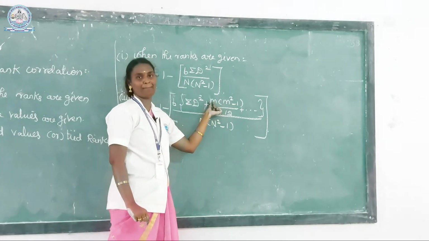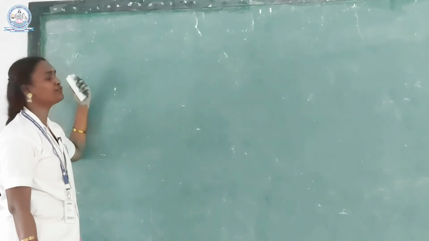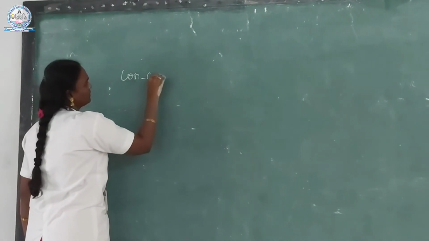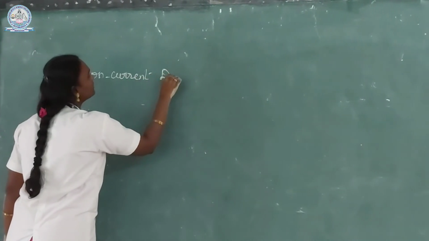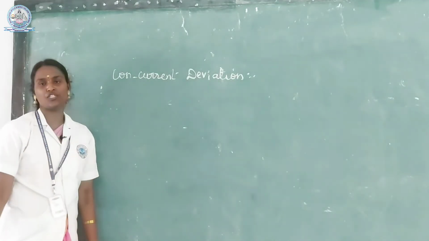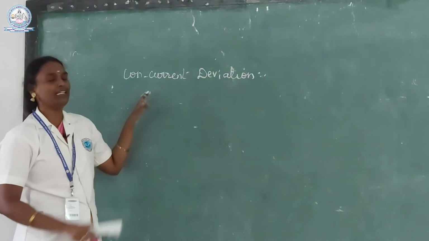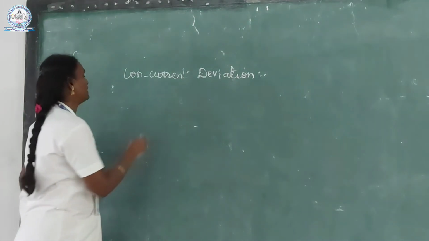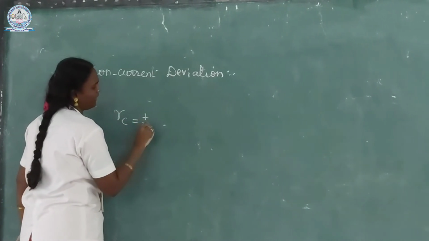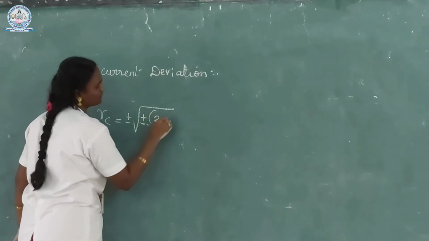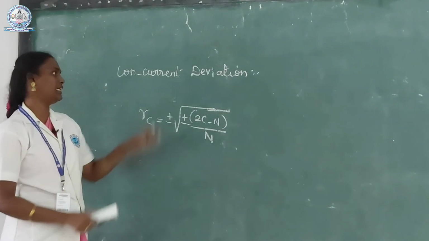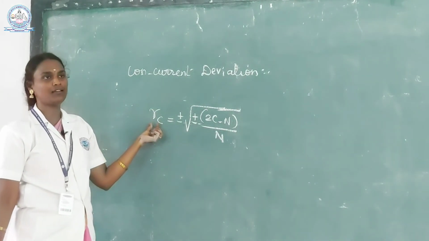The third method of finding the correlation coefficient is the concurrent deviation method. Already I said the concurrent deviation method is one of the simplest methods to find the value of correlation. The formula is r of c equal to plus or minus square root of plus or minus 2c minus n divided by n, and it is denoted by r of c.